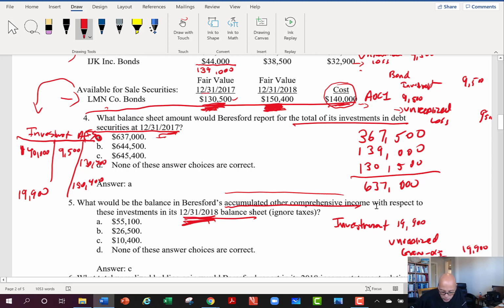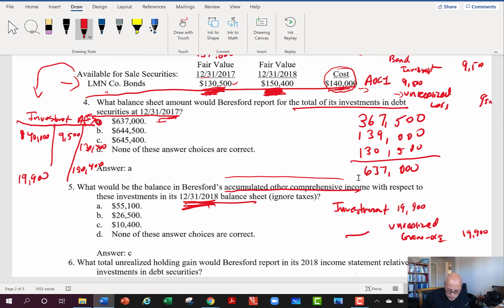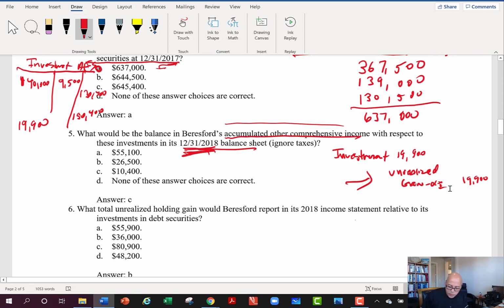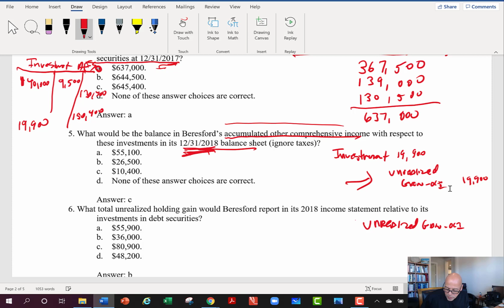Then when I close this, again, gotta close these accounts, okay? We're really moving down the file here to get all these journal entries in. I debit unrealized gain, OCI, that closes that, 19,900, and I credit the investment, 19,900, that's trying to be a credit.